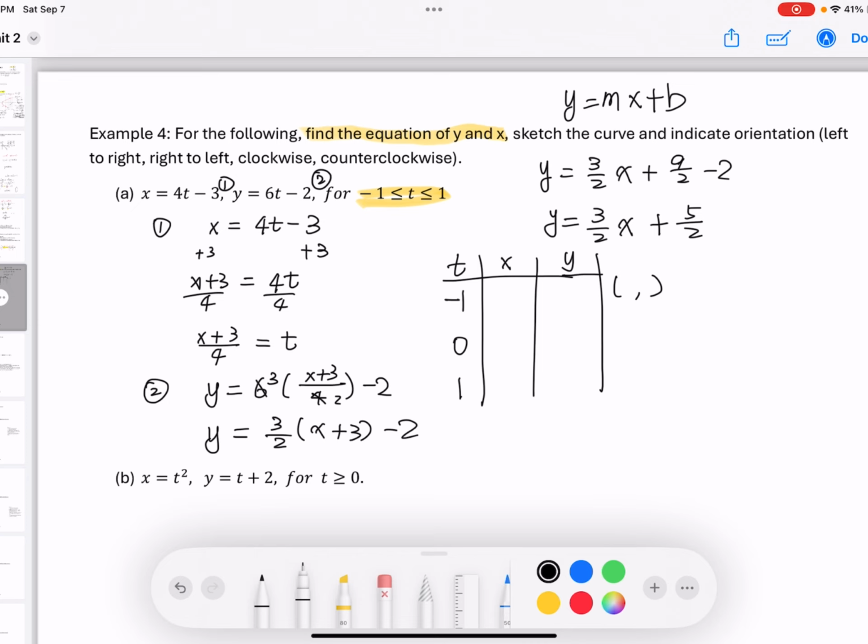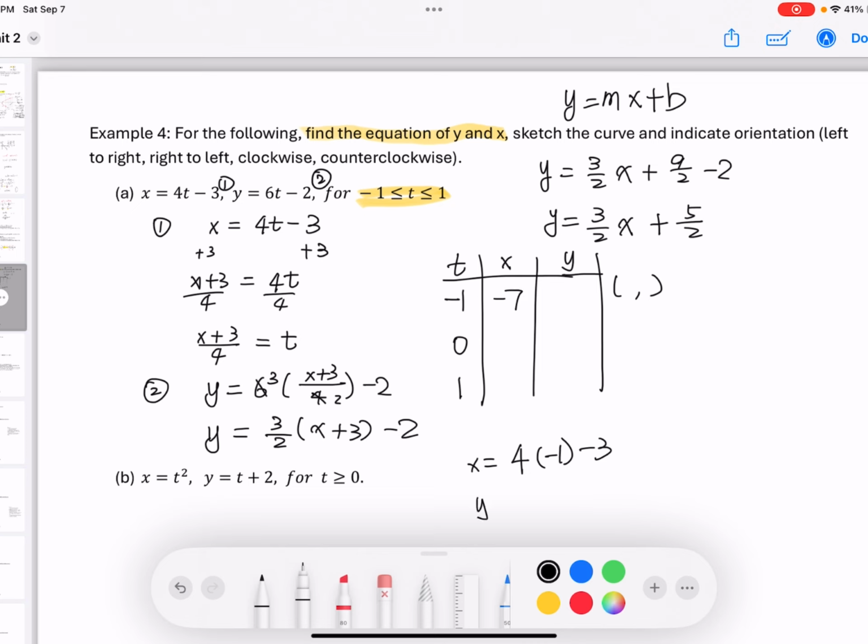For the x, find the x from the first equation. It's a little bit messy. So the x value is 4 times -1 minus 3. Do the computation, -7.